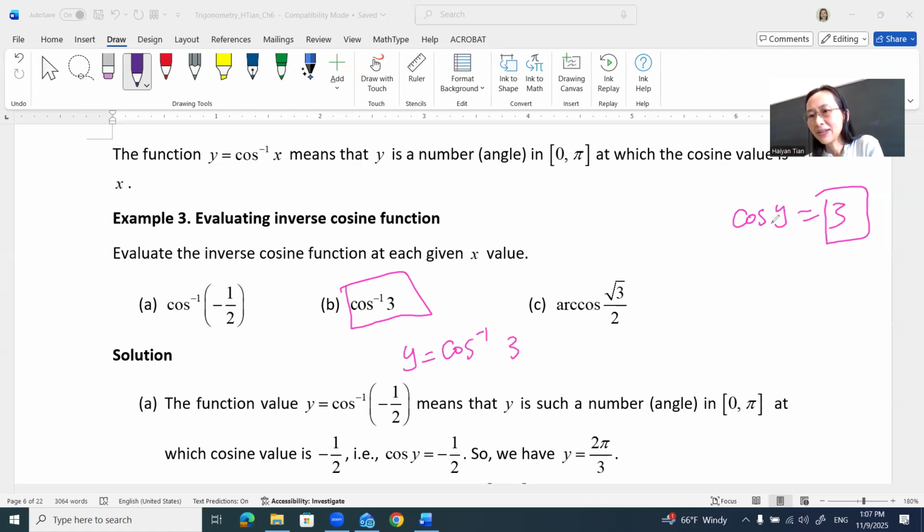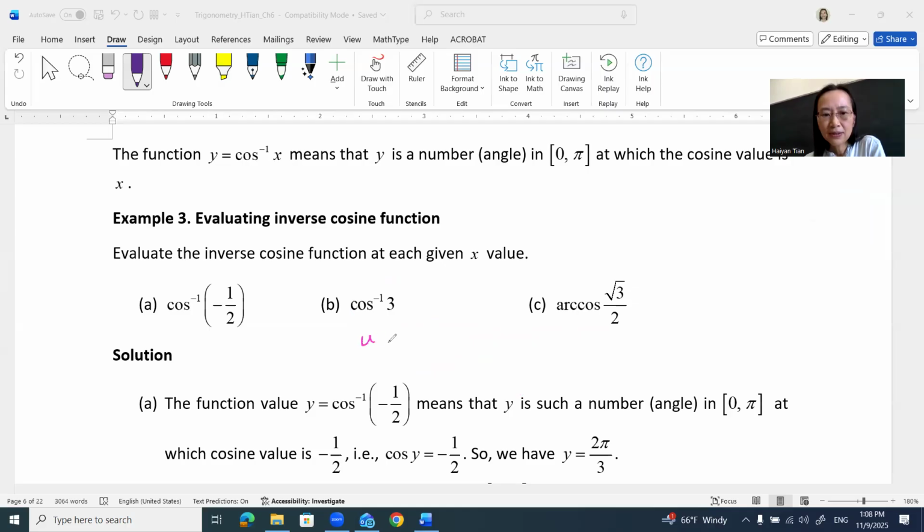No, it's undefined, right? The cosine value is never 3. We know this cosine inverse is only defined on the domain from -1 to 1. So when you give the number 3, it is not in the domain of the cosine inverse. So y is undefined. The inverse function at 3 is undefined.